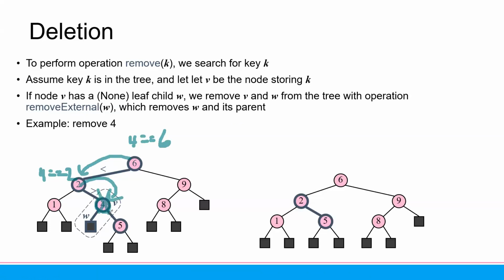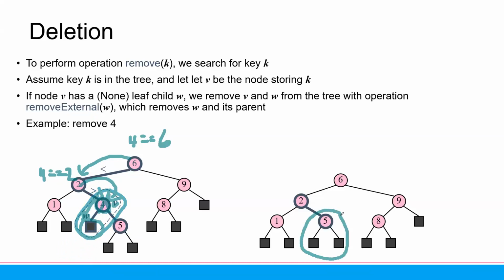What we are going to do here is delete 4. But once we remove 4, there is a remaining node here. In this case, we are going to remove v and we are going to remove w. After we remove those, we will have the new node like this one.